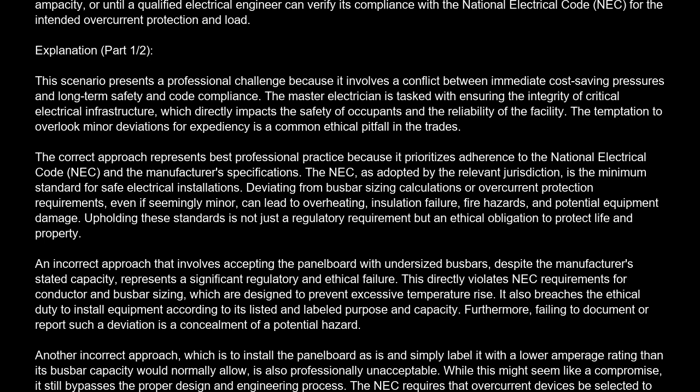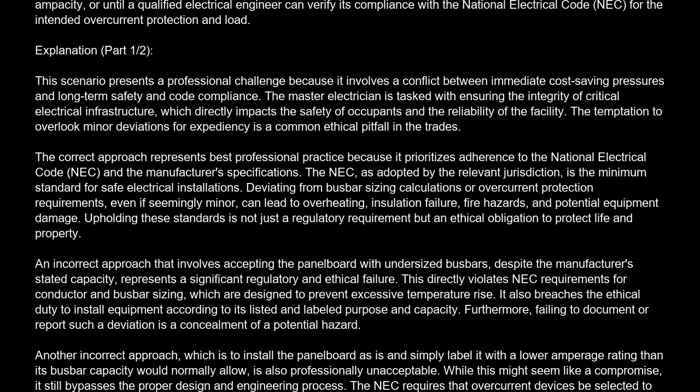Another incorrect approach, which is to install the panel board as is and simply label it with a lower amperage rating than its busbar capacity would normally allow, is also professionally unacceptable. While this might seem like a compromise, it still bypasses the proper design and engineering process. The NEC requires that overcurrent devices be selected to protect conductors and equipment based on their ampacity.